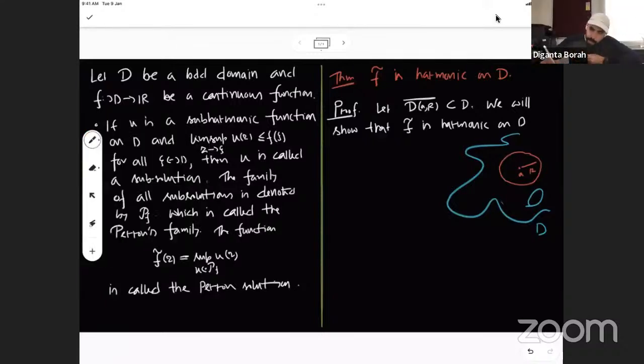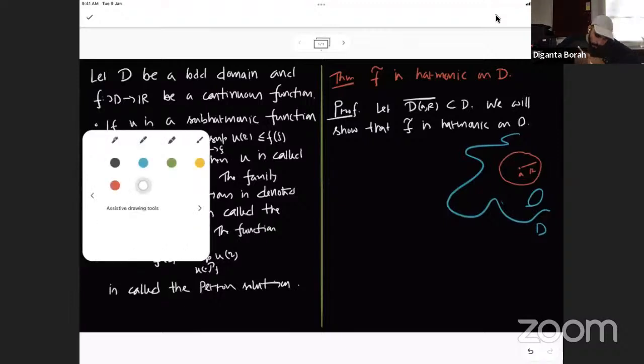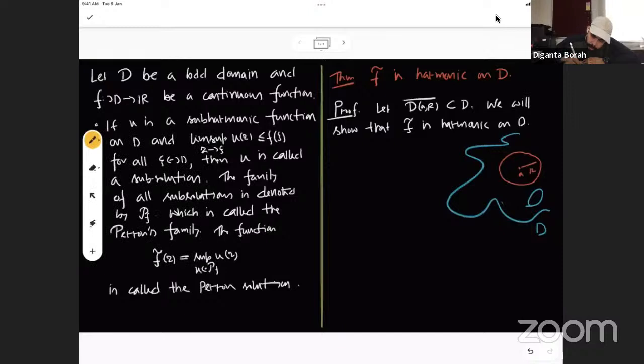To start with, you see f tilde, we don't know anything. Even continuity is not clear. Okay, so we do not know anything. But what we'll do, we'll actually show that it is equal to some harmonic function on this disk. That will imply that f tilde is harmonic. So for this, what I'm going to do, let's pick a countable dense subset of this disk.